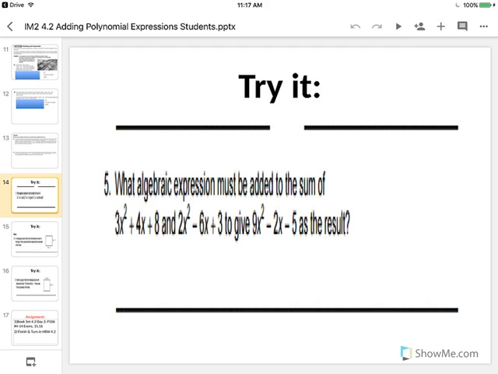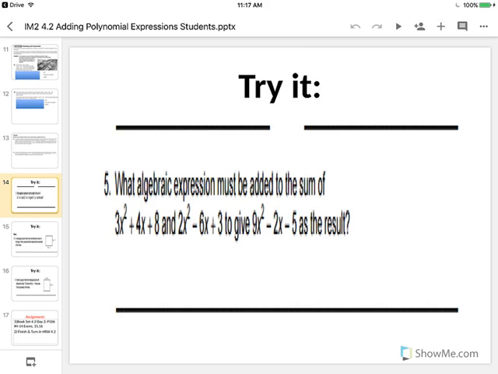Okay, so let's try number 5. What algebraic expression must be added to the sum of 3x squared plus 4x plus 8 and 2x squared minus 6x plus 3 to give 9x squared plus 2x minus 5 as the result?